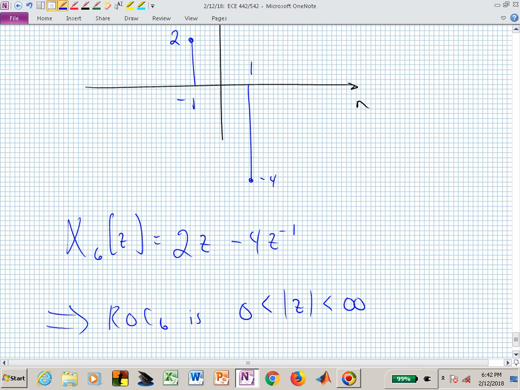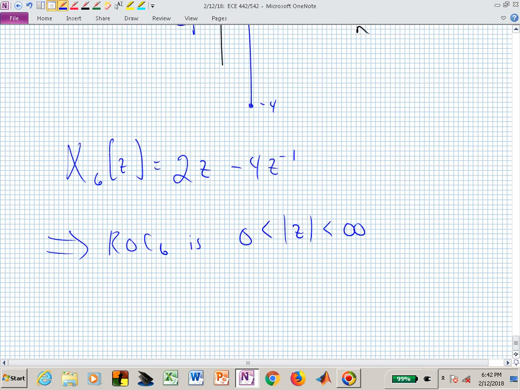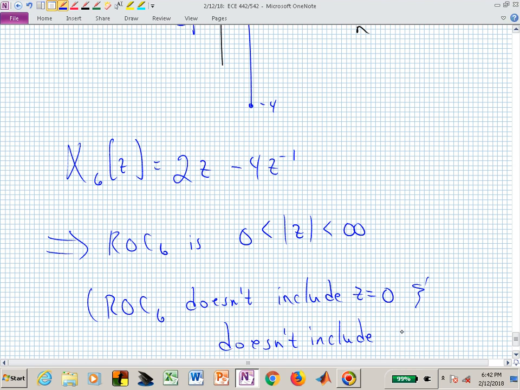The entire complex plane except for those two limiting conditions, or region of convergence 6 doesn't include z equals 0 and doesn't include infinity.